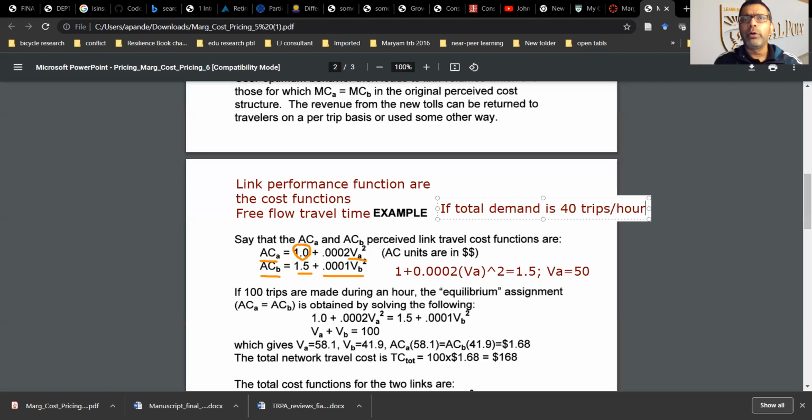If total demand is only 40 trips an hour, VA plus VB total is only 40, how would they distribute themselves?